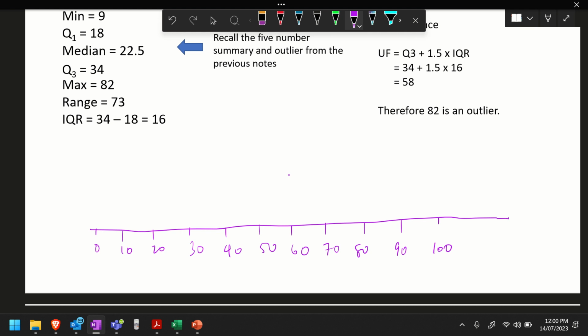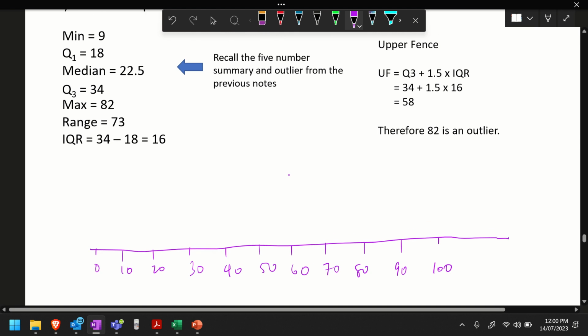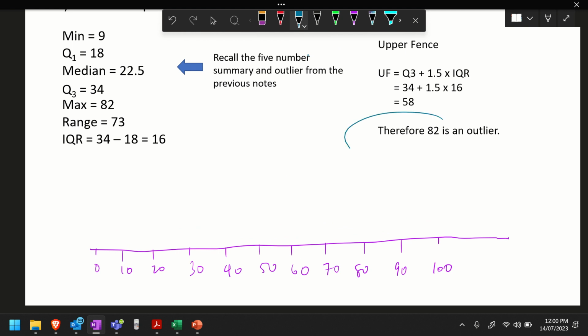Now here's the thing you have to watch out for. You've got your five-number summary, but there's also an outlier here now. Abby, what's my outlier here? It says there, 82. It says literally, just read it. 82 is an outlier. So how do we draw the box plot if there is an outlier? Let's start with the minimum, which is 9.